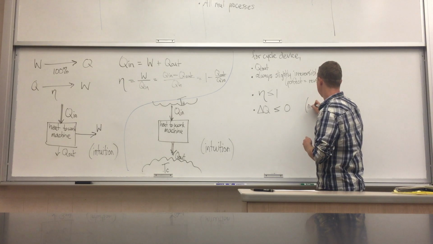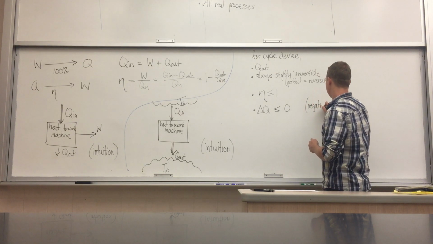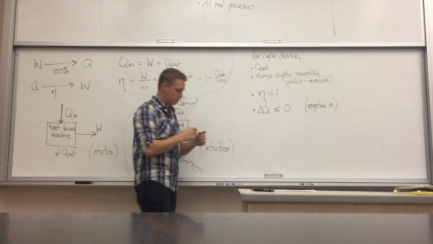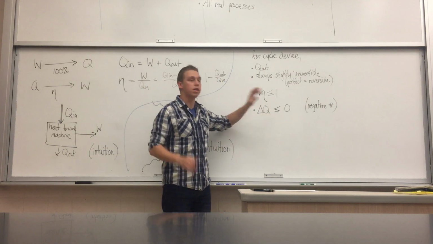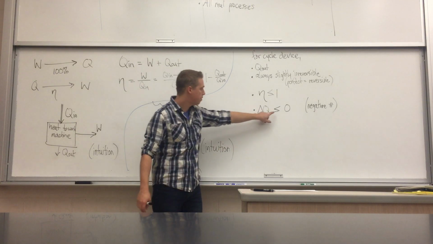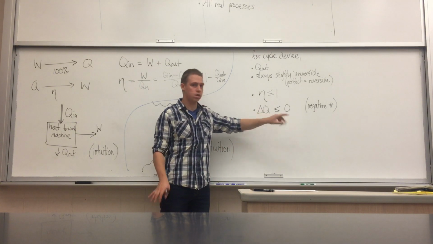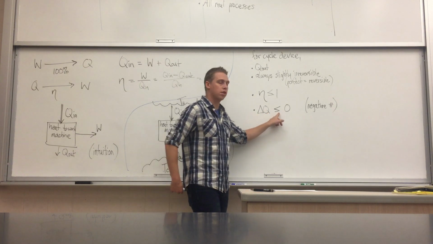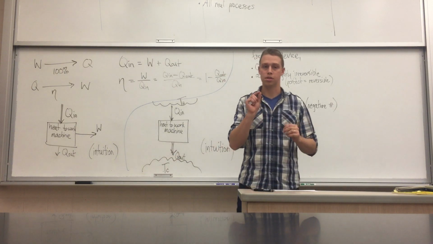I'll write that. The equal sign is only in the perfect case, right? You'll get used to understanding this. If this is actually equal to 0, everything's perfect, but for the real world, it's never going to be exactly equal, always at least a little bit negative.